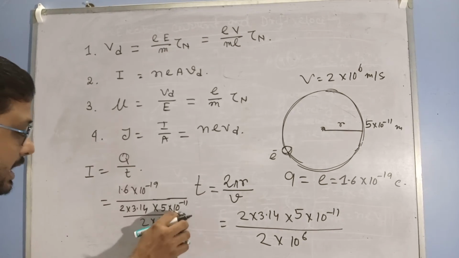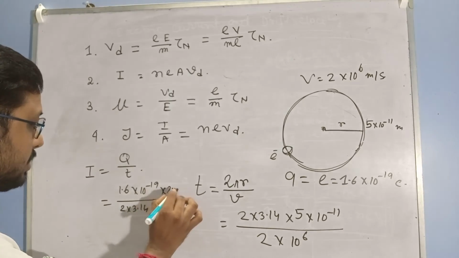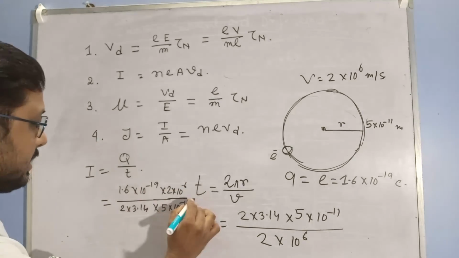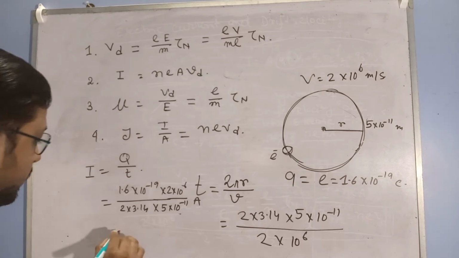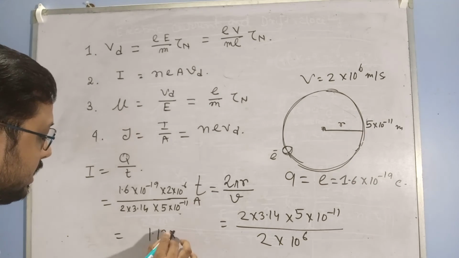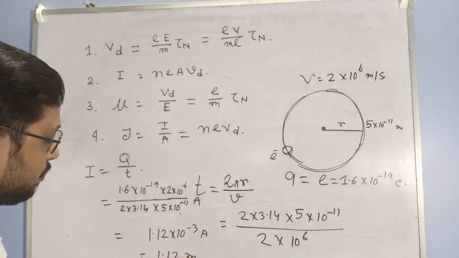If we substitute it, we get 1.12 into 10 to the power minus 3 ampere, that is 1.12 milliampere.